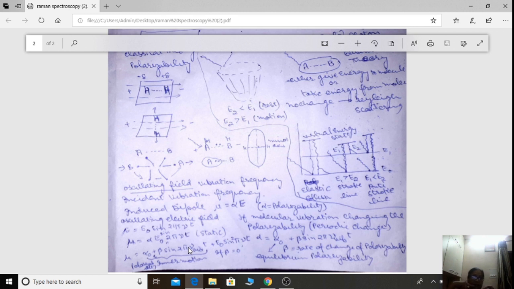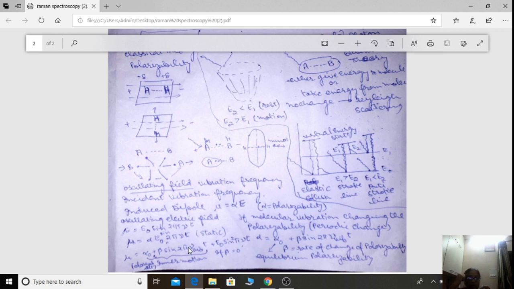For a static field, mu is equal to alpha E. When we apply the oscillatory electric field, E is equal to E naught sine 2 pi nu t. So the induced dipole will be equal to alpha E naught sine 2 pi nu t.